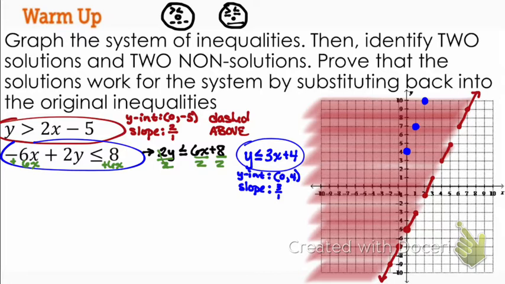Run out of room that direction, so I got to back it up and go the other way. Down 3 and left 1, down 3 and left 1, until I can't go any further. Will this one be dashed or solid? Solid. This one will be solid. So I'm going to grab my straight edge, draw a solid line through that.